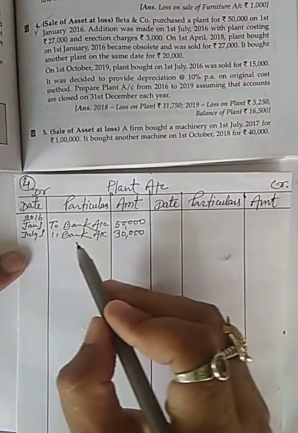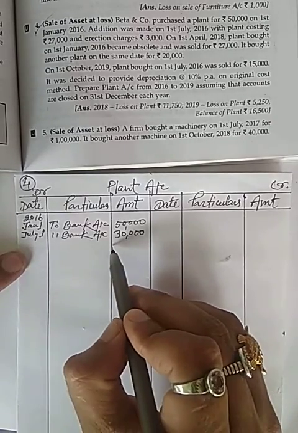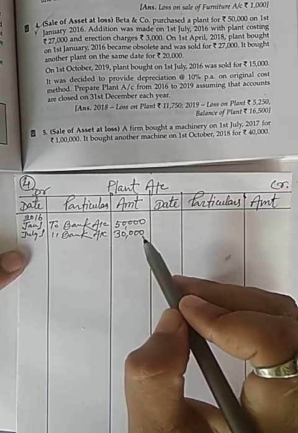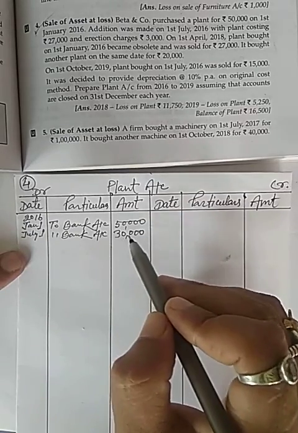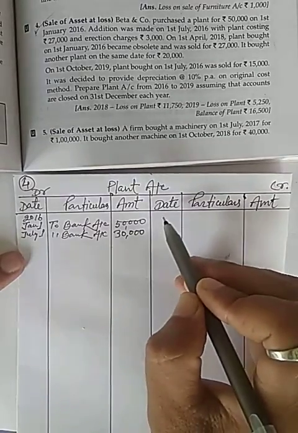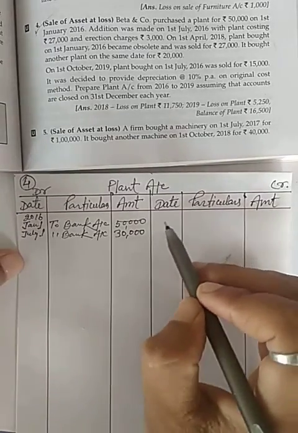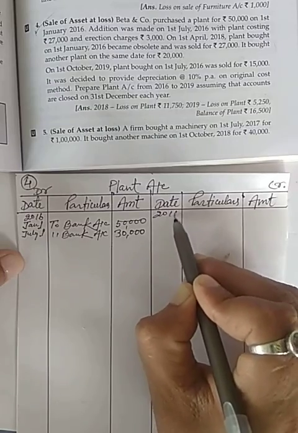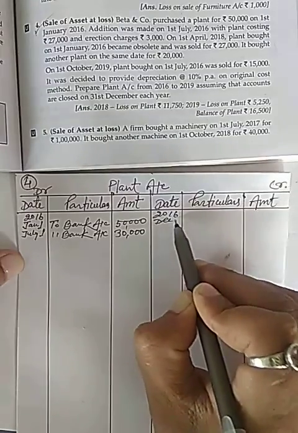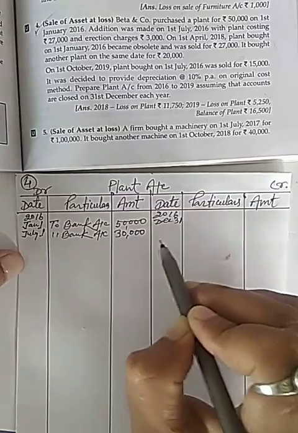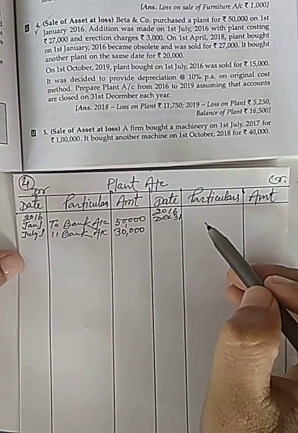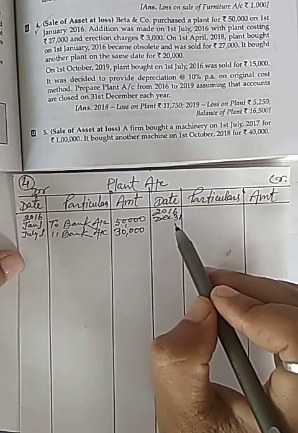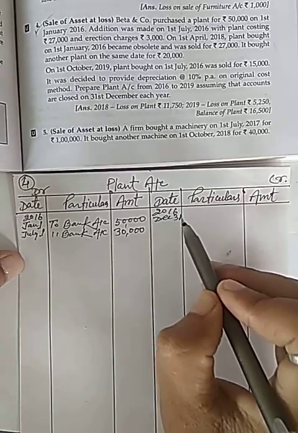So total machine purchase we have in this year is 80,000. I will write off depreciation on 2016 December 31st, because this is calendar year and we will close off on 31st December.